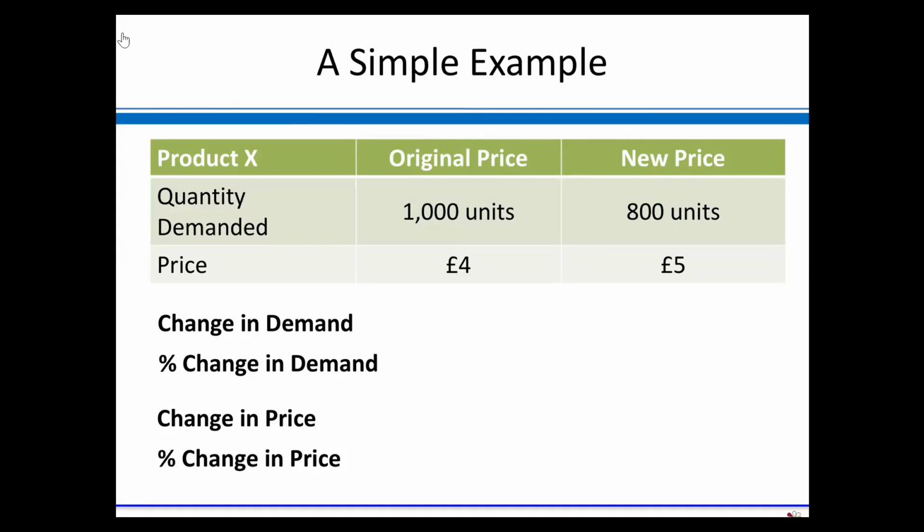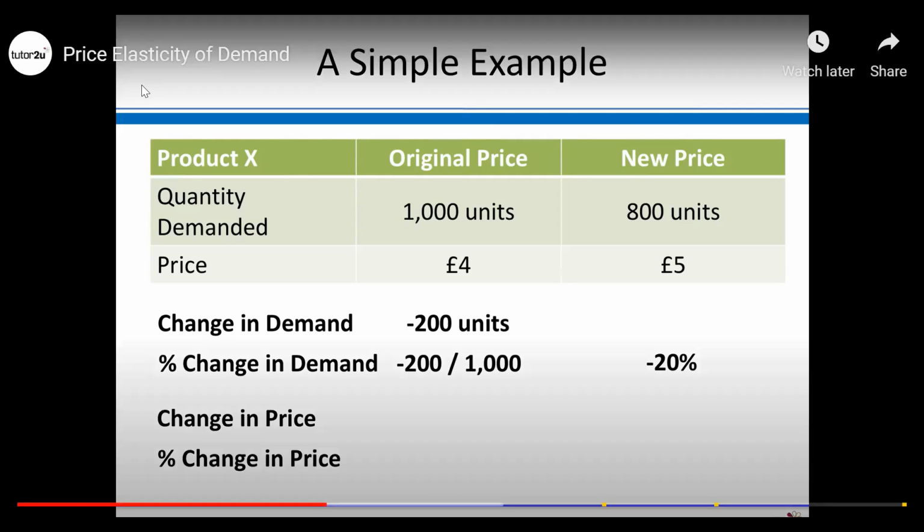In order to calculate the price elasticity of demand, we need to calculate the percentage changes in demand and in price. So let's look at demand first. Demand has fallen by 200 units, expressed as a percentage of the original demand, which was 1,000. 200 divided by 1,000 times 100, that is a fall of 20%.